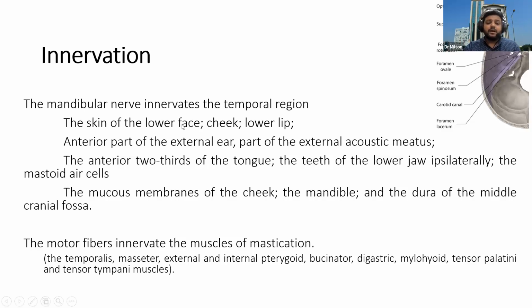The innervation area is the lower face, cheek, the lower lip, the anterior part of the external ear, part of the external acoustic meatus, the anterior two thirds of the tongue, and teeth, especially the lower jaw, ipsilateral, and also the mastoid air cells. There are also some very important muscles: temporalis, masseter, external and internal pterygoid, buccinator, mylohyoid, tensor palatini, and tensor tympani, all supplied by this mandibular branch.